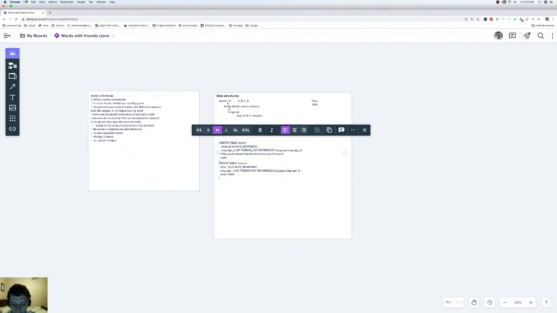So this Words with Friends is a 15 by 15 grid.